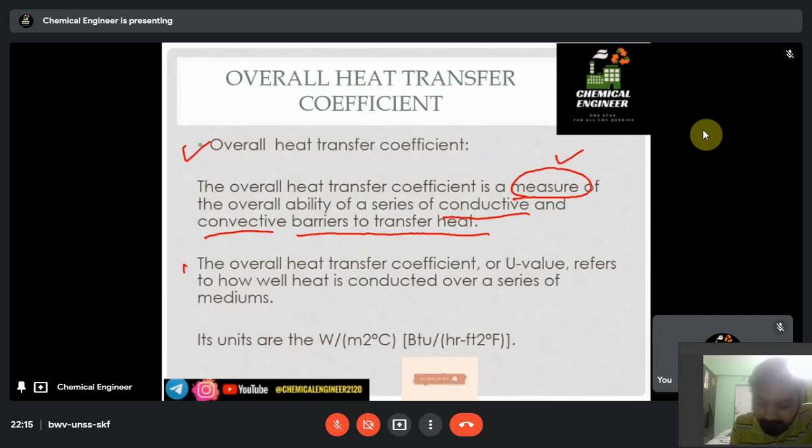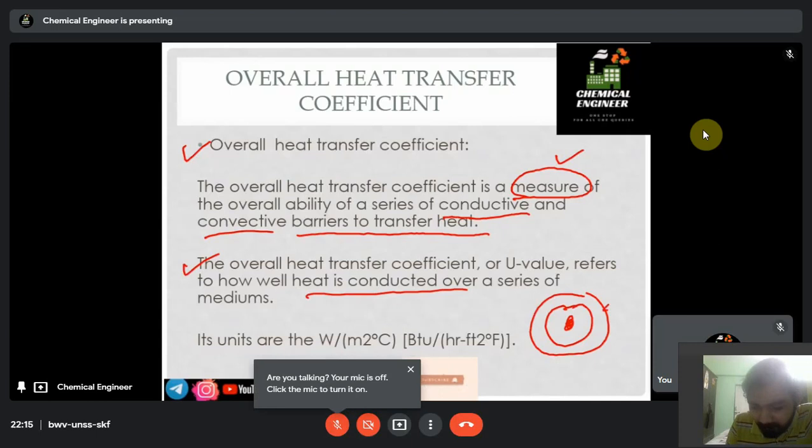So the overall heat transfer, or the U value, refers to how well heat is conducted through a series of mediums. Okay, so suppose we have a circular pipe, and we have to measure the overall heat transfer coefficient. Suppose the hot fluid is flowing inside, in the inner pipe.